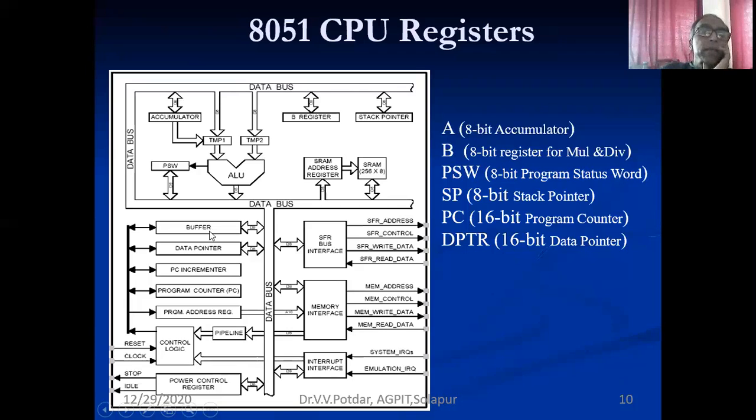You have a data bus, then you have accumulator, temporary register 1, temporary register 2, then the arithmetic and logic unit, and then the B register, then the stack pointer, SRAM, then various registers: program counter, program incrementer, data pointer, then various buffers, then memory interface and interrupt interface. So all these are available in your CPU registers.